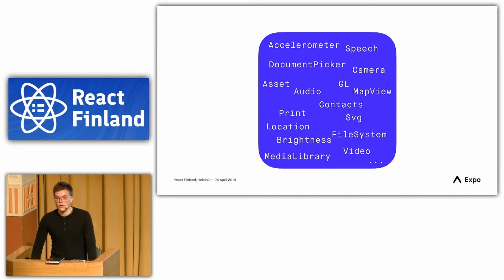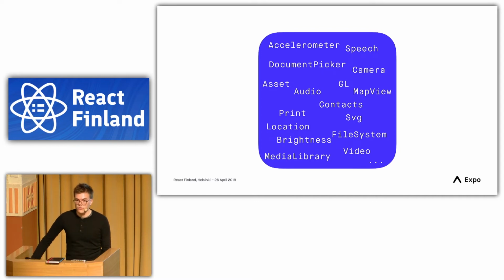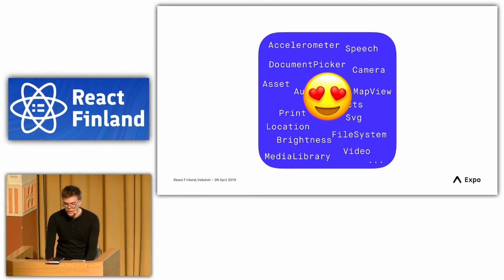And you can get pretty far with just a set of libraries that are included in the Expo SDK, as is proven by our successful users, including some unicorn companies that build their app using just Expo SDK and APIs included in it. So when you're using Expo, everything's good.